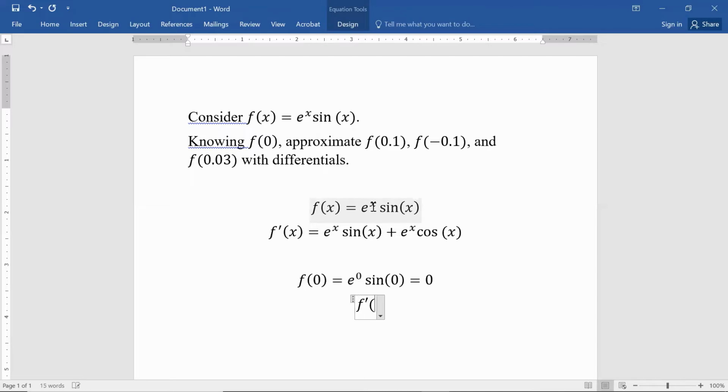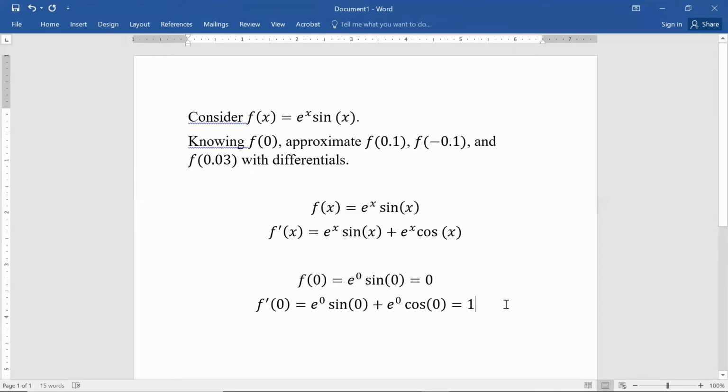The derivative of f at 0 is going to be e to the 0 sine 0 plus e to the 0 times cosine of 0. The derivative is actually 1 when you multiply that out. So that is the function's value and the function's derivative value.